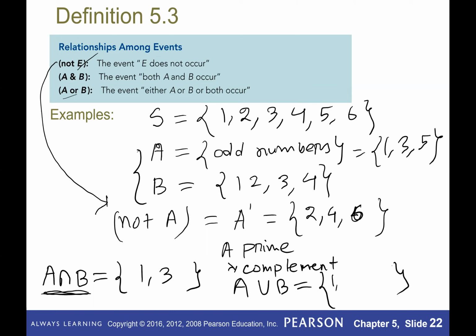So you have to list all the numbers here. What are the numbers? 1, 2, 3, 4, and 5, right? So this is the union, A or B. Is it clear? Even though they share 3, you have to also consider it.